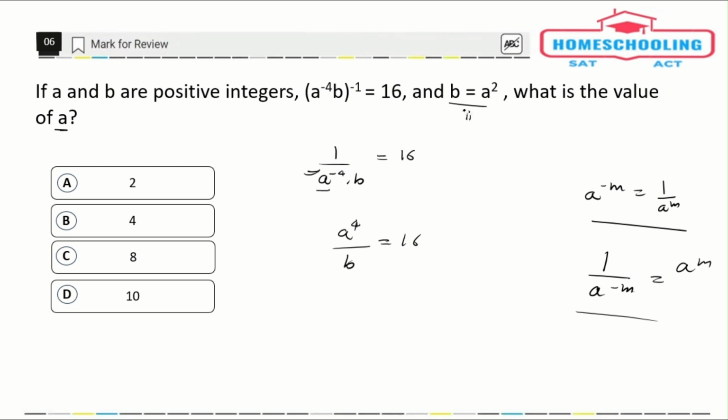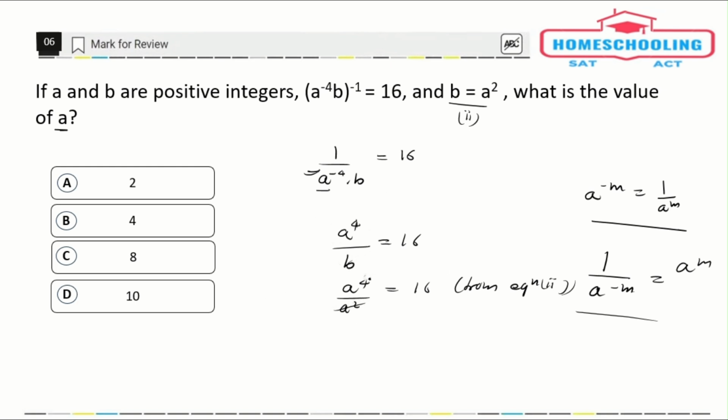Here from equation 2, we can say that a to the power 4 divided by a square is equal to 16, because we have put the value of b in this equation.